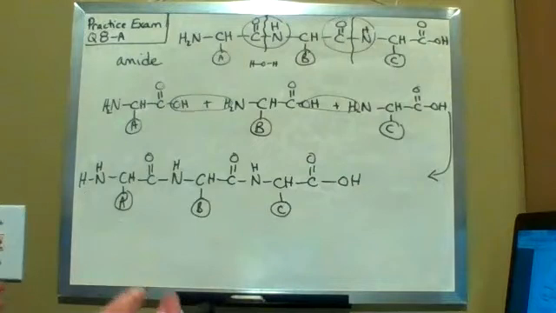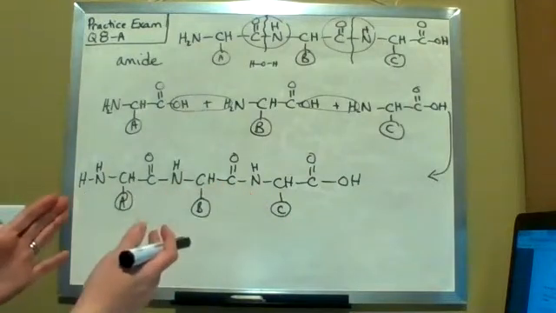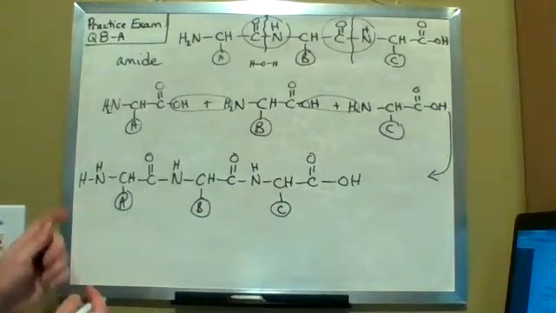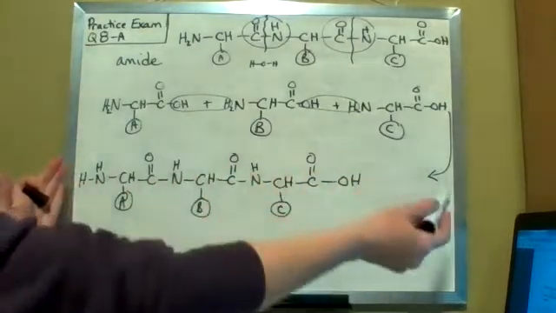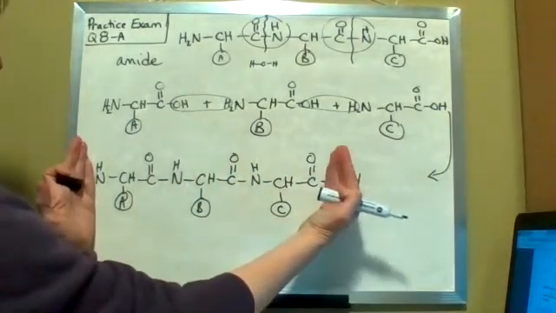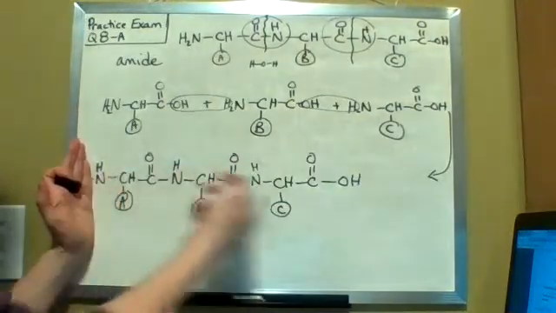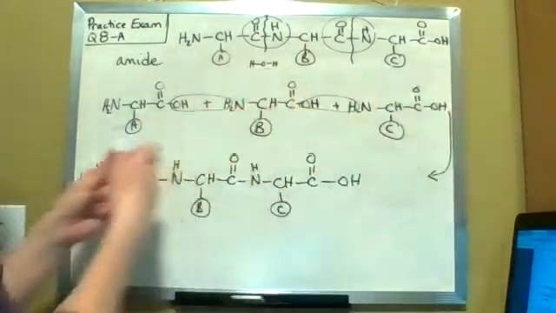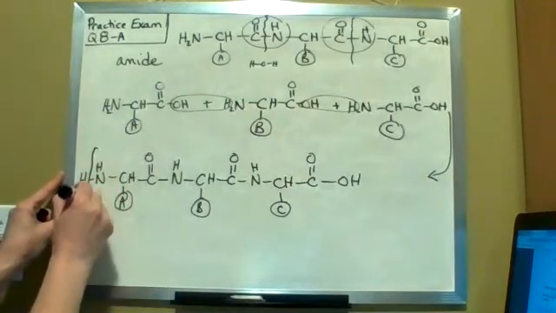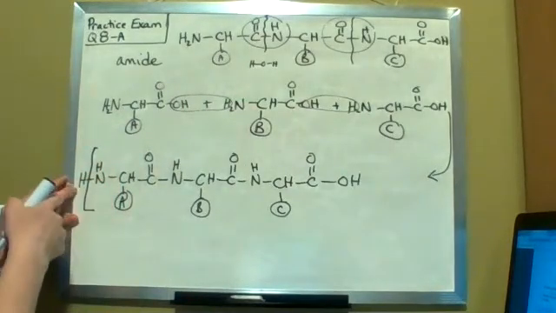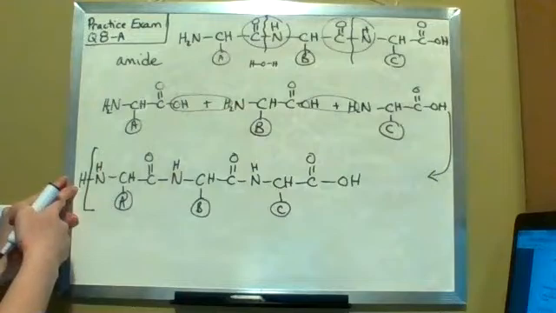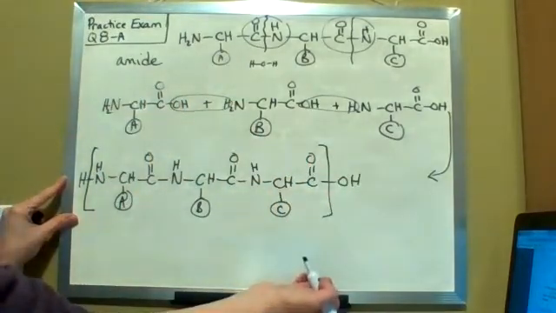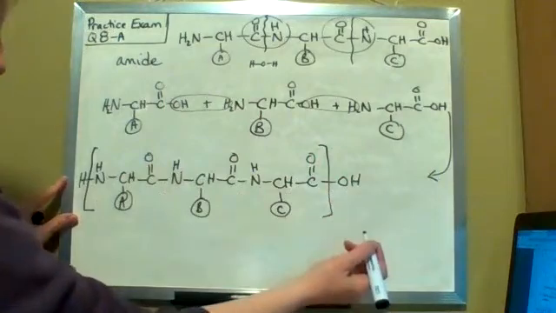But this is not really showing us the repeat unit. It is, but we have to show that it's a repeat unit. Here it just looks like a tripeptide. So you have to show that this keeps going and going. You're taking that chunk right there, remember, you have a nitrogen bound to a carbon, and you're repeating it and repeating it. To show that, you're going to cut off this H that came on when you were making it, and cut off that OH on this side. There's that water that would be lost.